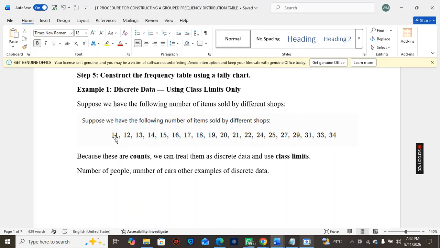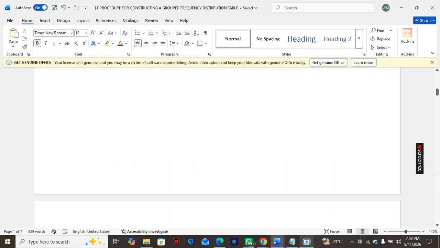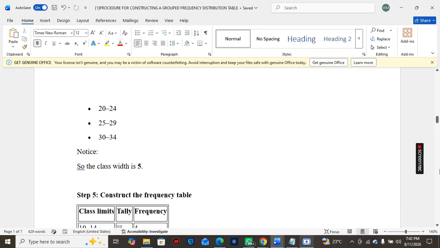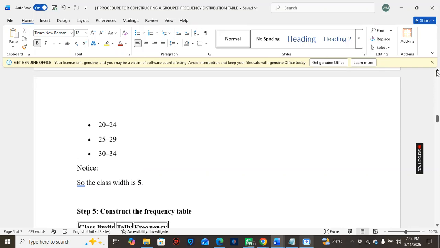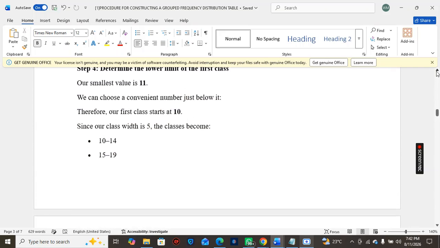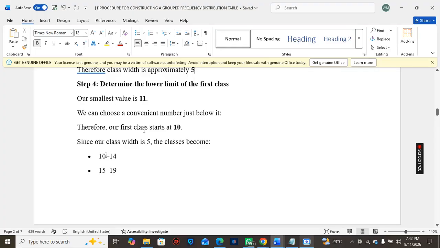So since our lowest number is 11, we'll put the lower limit of the first class as 10. As you can see here, 10.